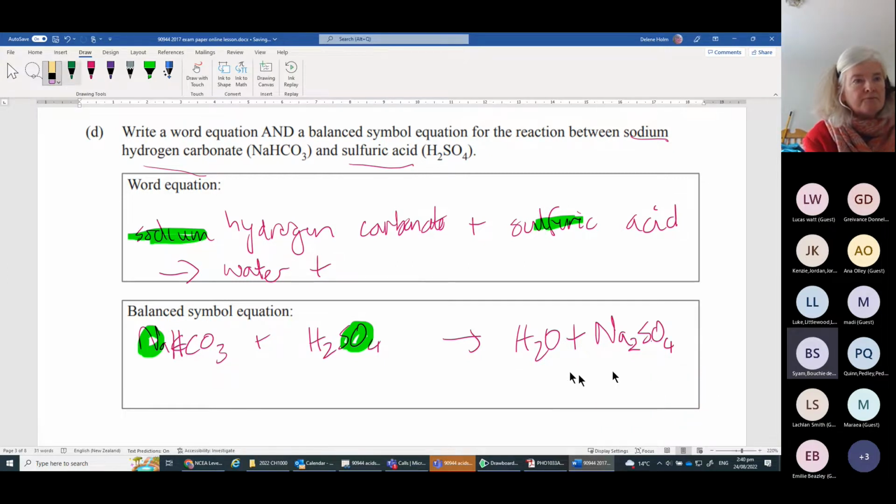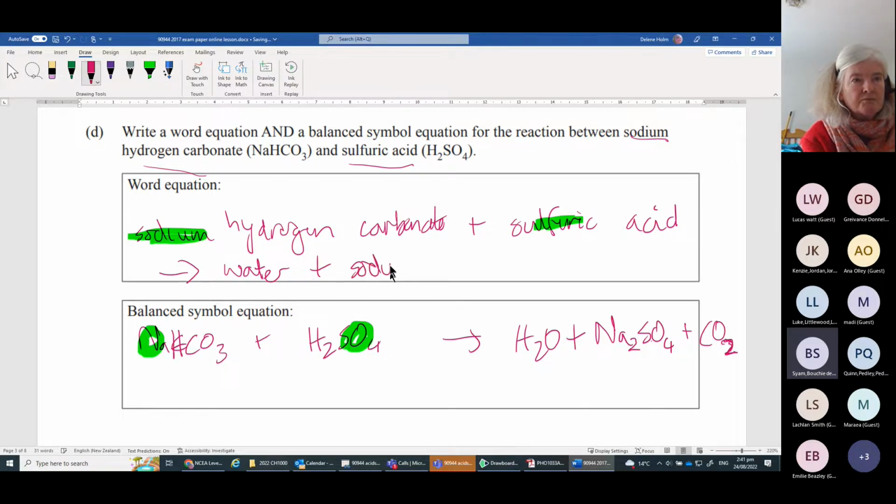And now the final thing is, if you have a look, I've used up the sulfate, I've used up some hydrogens, I've used up that, but I've still got this left. So if you didn't know before, go back to that first question, what was being released, and hopefully, even if you didn't know there, you'll know now it has to be carbon dioxide.